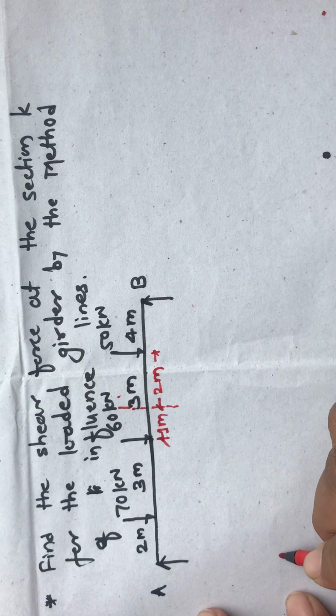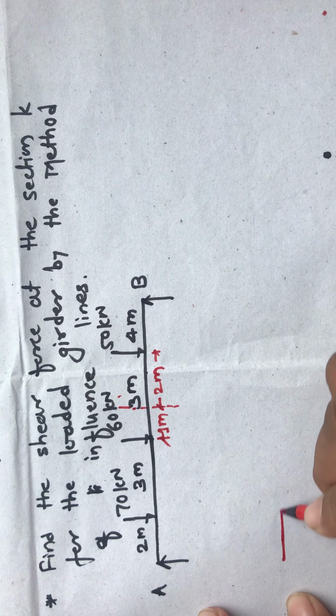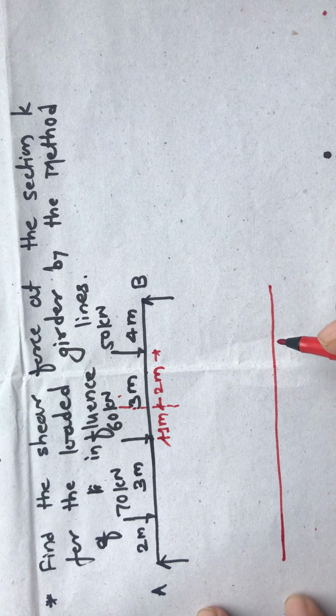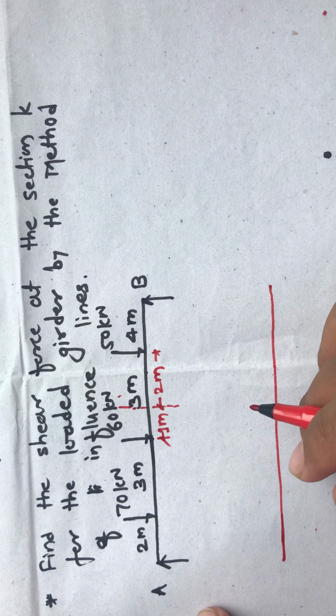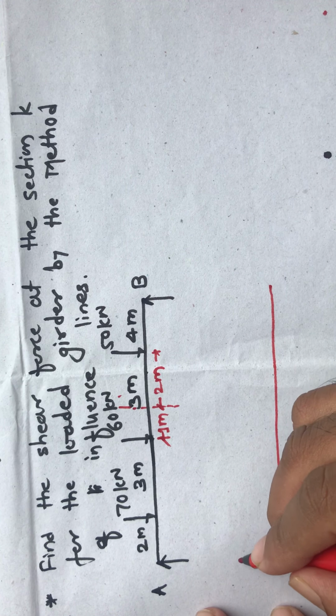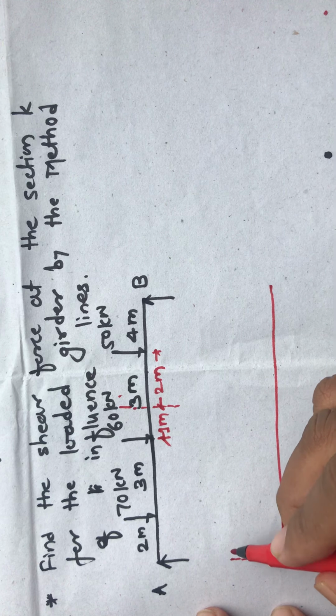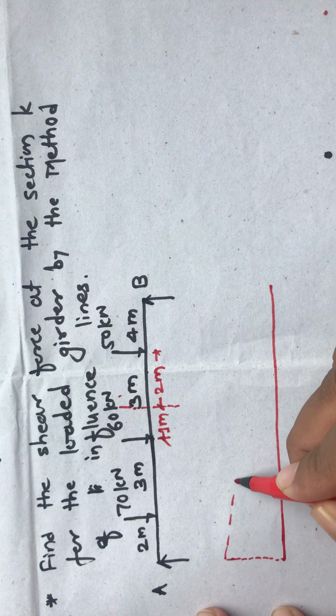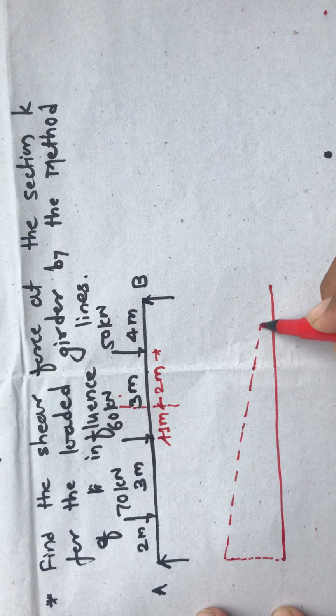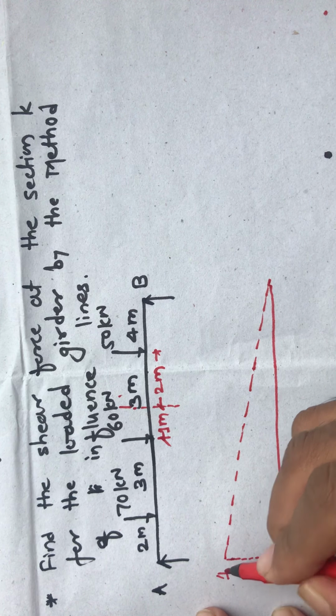So simple, draw the ILD for the shear force. That means it is a combination of reactions VB and VA. So first I will draw the ILD for VA. This is a positive diagram on the upper side of this line.